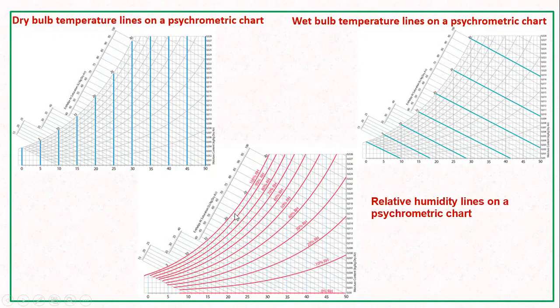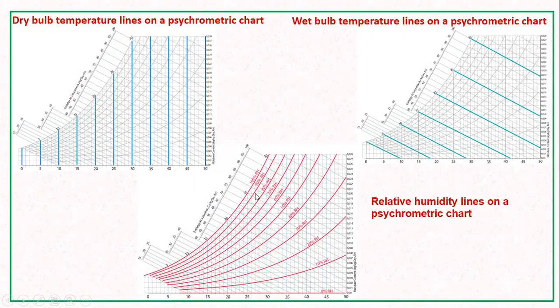The pink line at the topmost position is the saturated line, where the relative humidity is 100%. As you go down, the relative humidity goes on reducing. At the x-axis, the air is completely dry and humidity is 0. These extended lines are the values of enthalpies in kilojoules per kg of dry air.